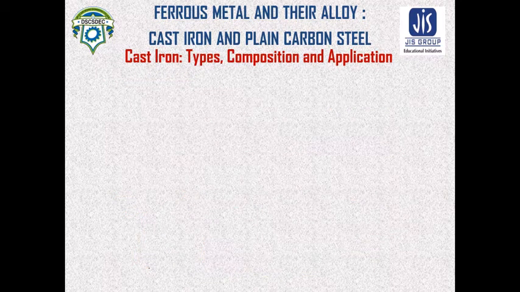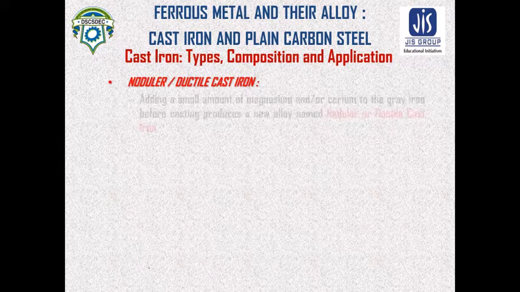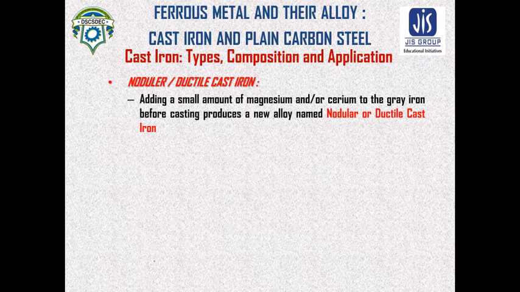Now we will see about nodular or ductile cast iron. In the grey cast iron, if we add some amount of magnesium or cerium before casting, then a new alloy is produced that is named nodular or ductile cast iron. Why nodular?